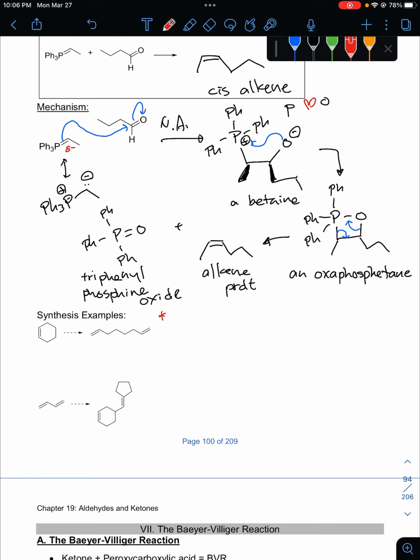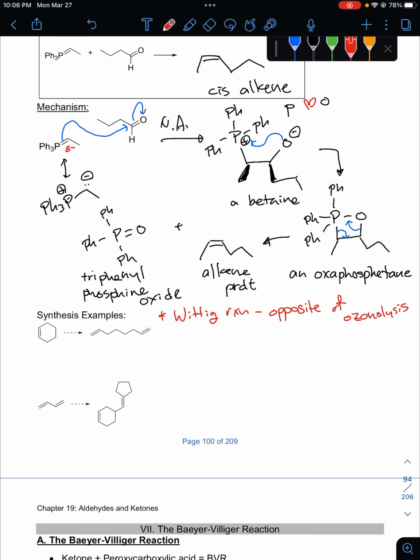So assuming you actually thought about this, one thing I want you to take away from this is that the Wittig reaction is kind of like the opposite of ozonolysis. As far as the result goes, the mechanism is nothing like it. What does that mean?